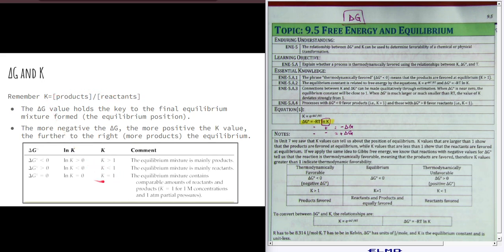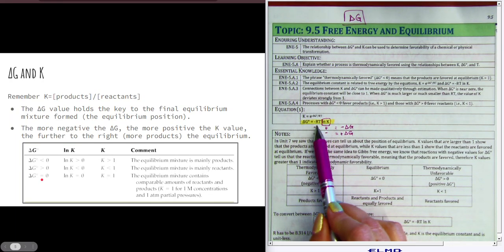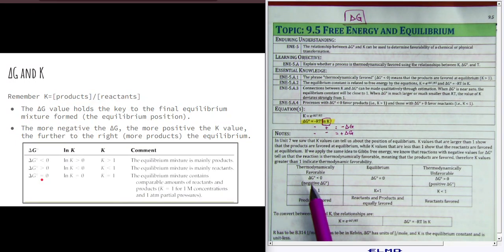When I take the natural log of 1, I get 0. So in this case, delta G would be equal to 0, because the natural log of K is 0, times T times R times the negative 1, which is irrelevant. The fact that there's a negative 1 out there, delta G is just 0.